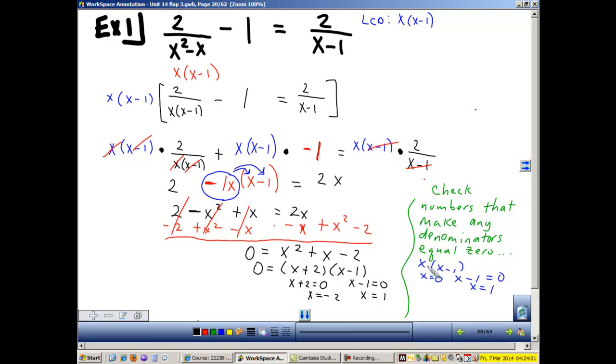Set x equal to 0 and x minus 1 equal to 0. We get x equals 0 and x equals 1. Since our answer cannot equal 1, x equals 1 is excluded. x equals negative 2 is our answer.